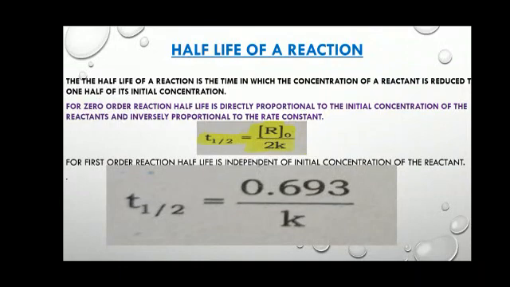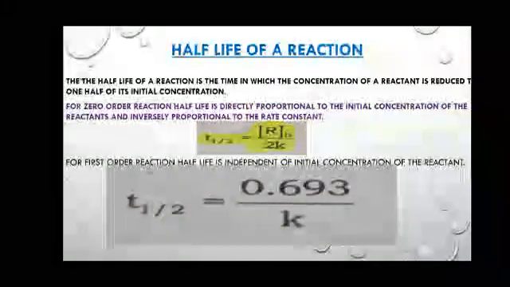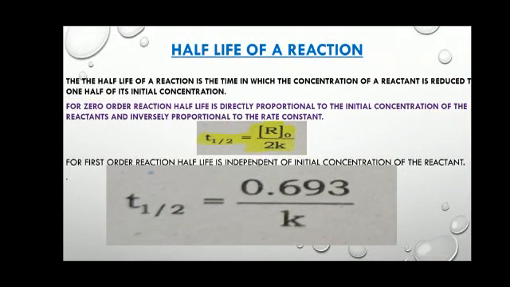Now let's come to half-life of a reaction. What is half-life? The half-life of a reaction is the time in which the concentration of reactant is reduced to 1/2 of its initial concentration. Now, for a zero order reaction, half-life is directly proportional to the initial concentration of the reactants and inversely proportional to the rate constant.